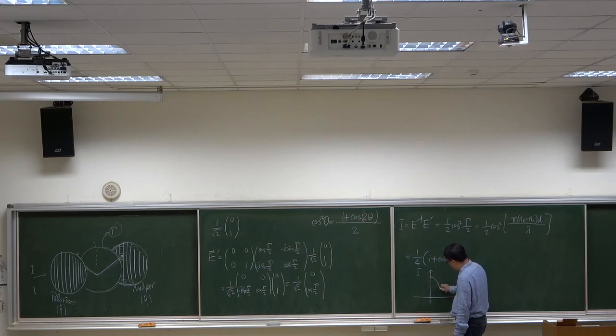And when gamma is equal to pi, we get 0. Okay, and the result is just like this.